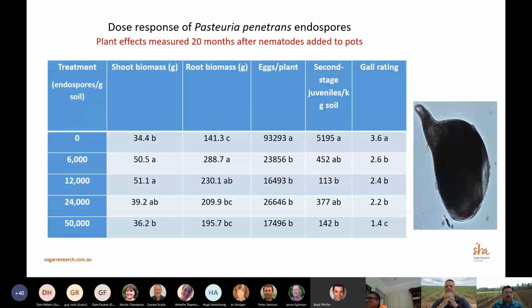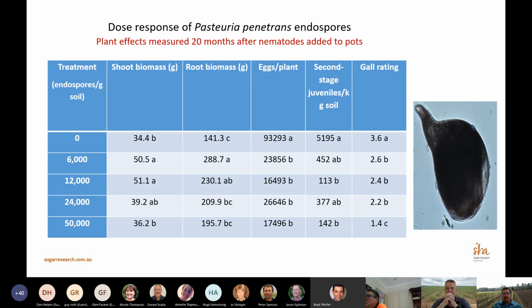Then we looked at how much concentration of spores we need to control root knot. So we tried from 6,000 to 50,000 spores per gram of soil. You can see that regardless of 6,000 to 50,000, they significantly reduced the number of nematodes in treated plants compared to the untreated ones, about a fourfold reduction.